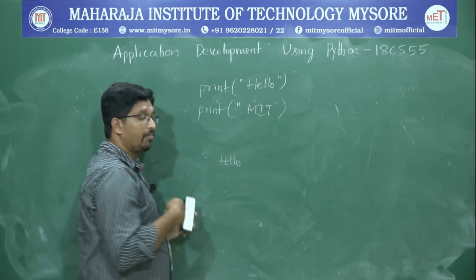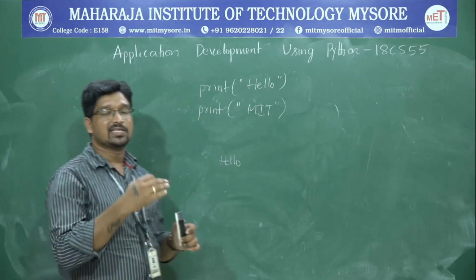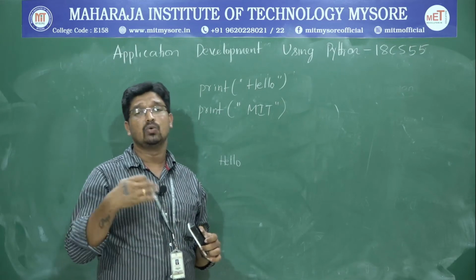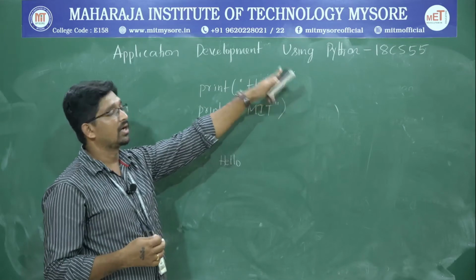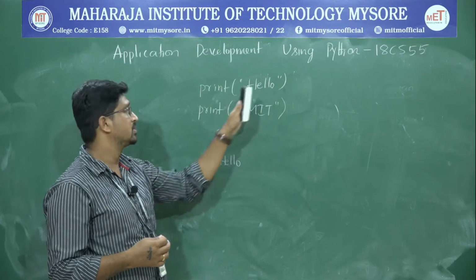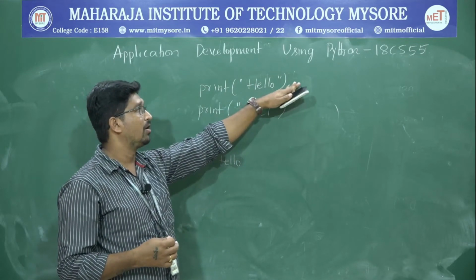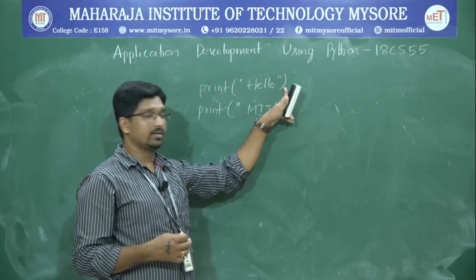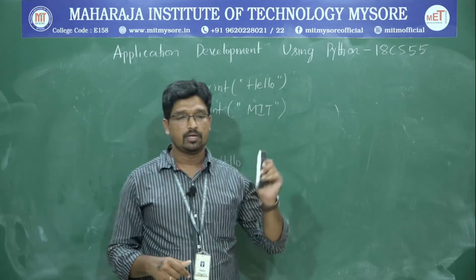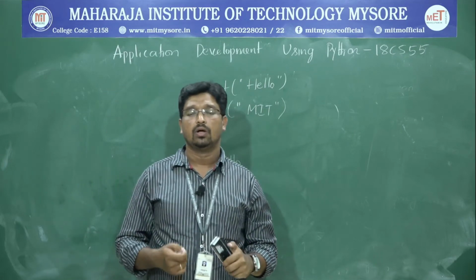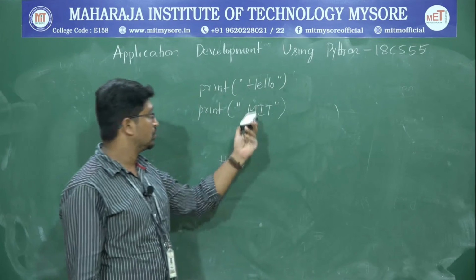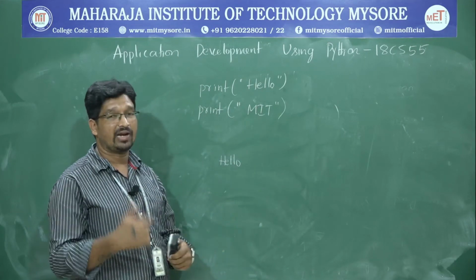Whenever you write a print statement, it implicitly has a new line character. Whenever it prints the characters, automatically the control will go to the next line, meaning the next output will not continue from here. Here we have two statements, print hello, print MIT. When you execute these two statements, you will get the output on different lines.